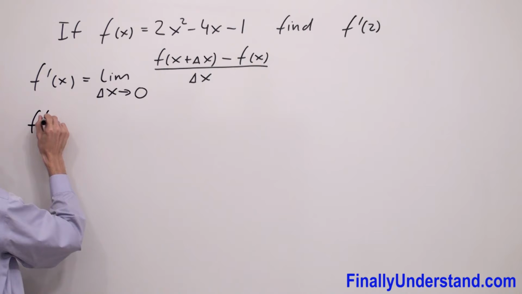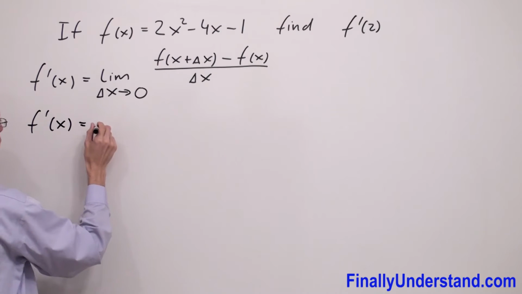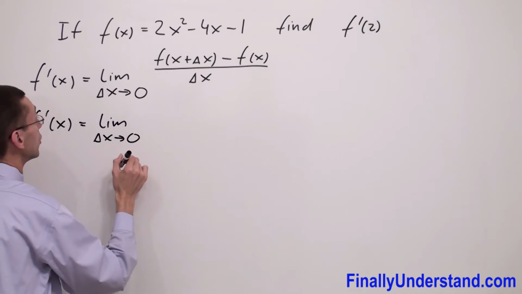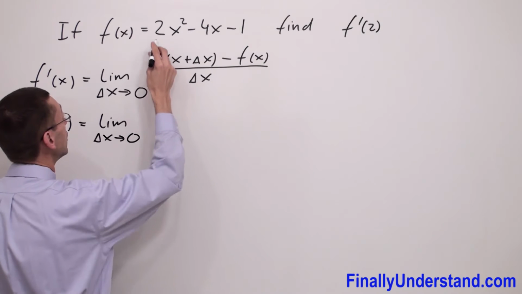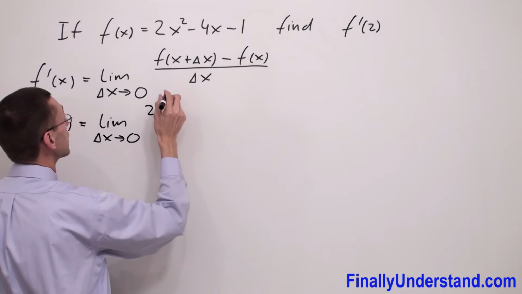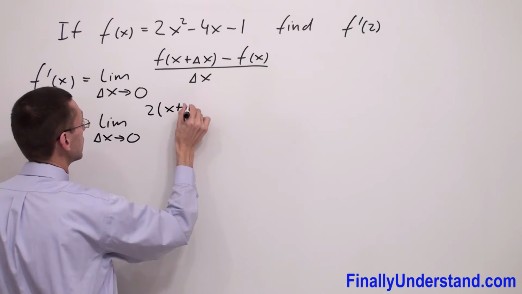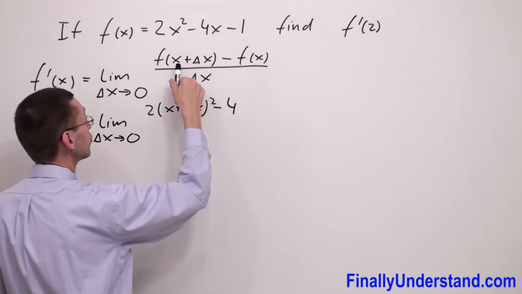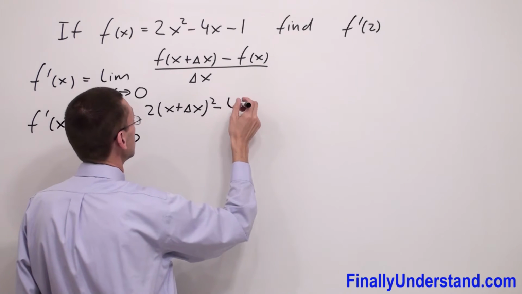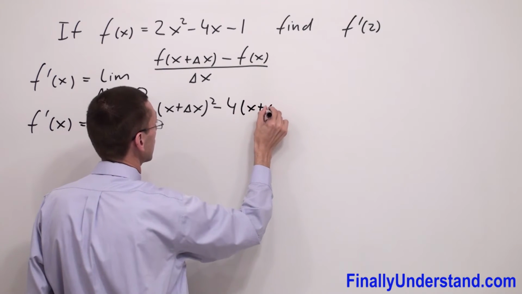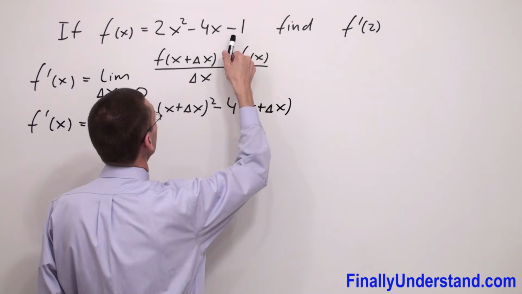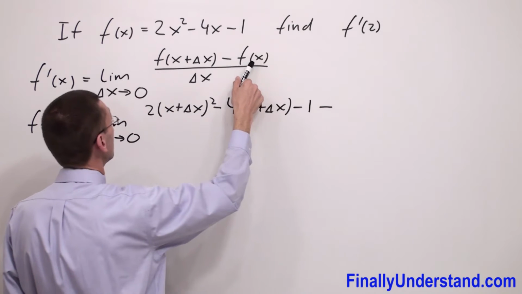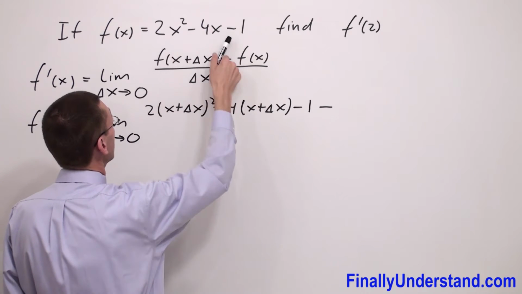Simply write f prime of x is equal to the limit as delta x approaches 0, and I have 2, and instead of x I'm supposed to write x plus delta x to the second power, minus 4, and instead of x I write x plus delta x, minus 1, minus f of x, and f of x is my original function.